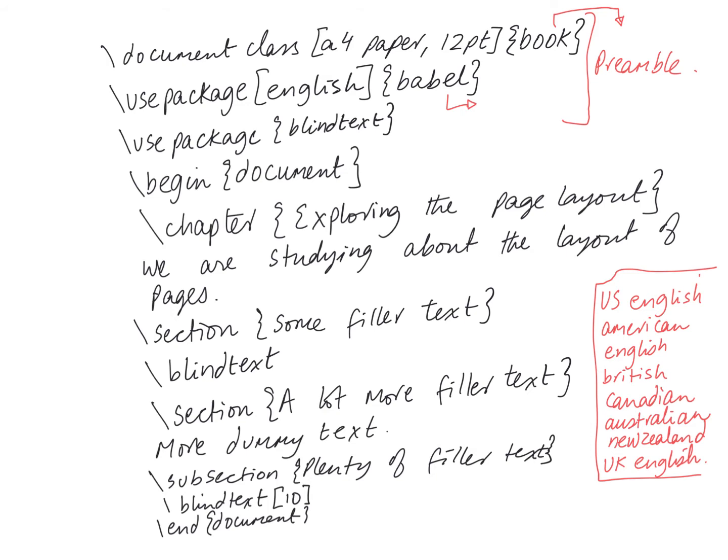And the sections are numbered per chapter. So if you were doing a book on a subject, you could easily use the chapter number to create these sections. Okay, and then we have the subsection followed by more dummy text. And you can also use other dummy text if you'd like.